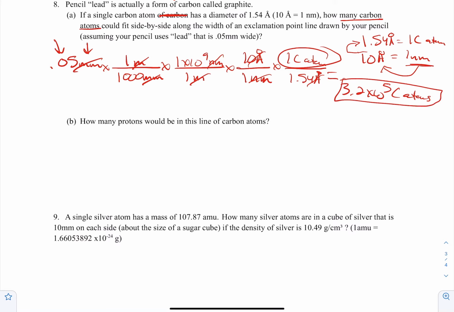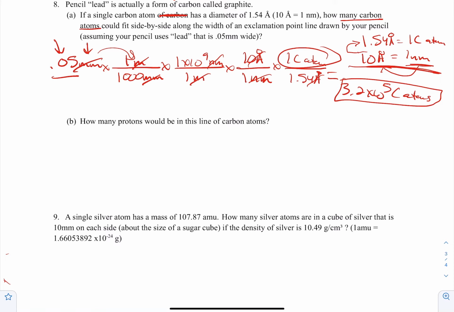So notice that we started with a measured value. We converted into something else. We made a list of all the conversion factors that we needed. And then we just used dimensional analysis to get it into the unit that we needed, and in this case, it was the carbon atom. So hope that made sense. We'll be doing this dimensional analysis a lot throughout the semester, so I would get really comfortable with doing stuff like this, okay?